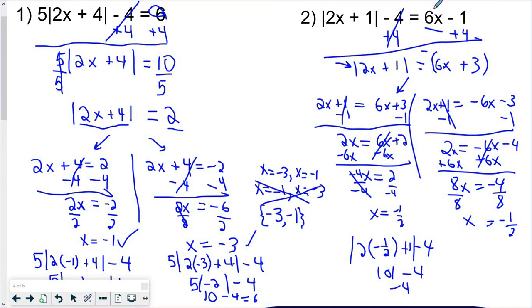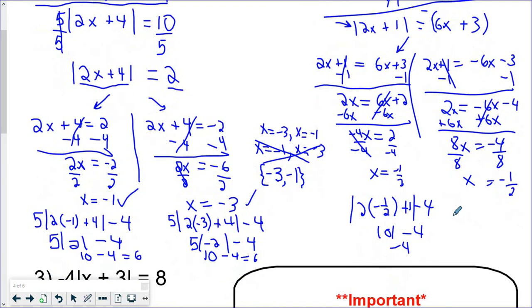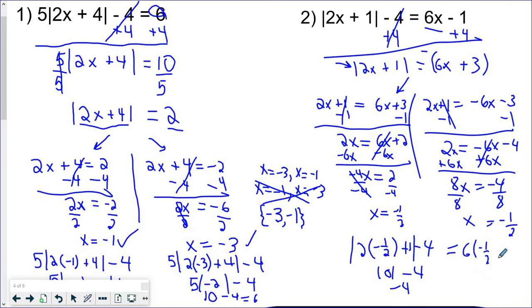So the question now is, does this give us -4? So when I see if this is equivalent to 6 times -1/2, and then I subtract 1, I get -3 minus 1, or -4. So they are equivalent. -1/2 produces the same thing on the left as it does on the right.